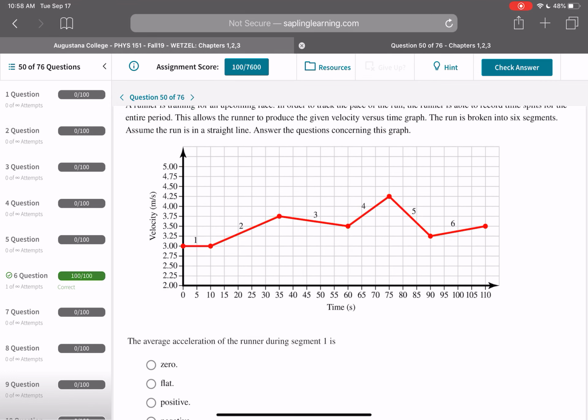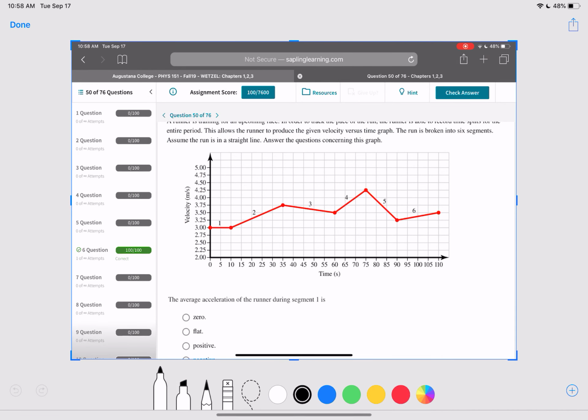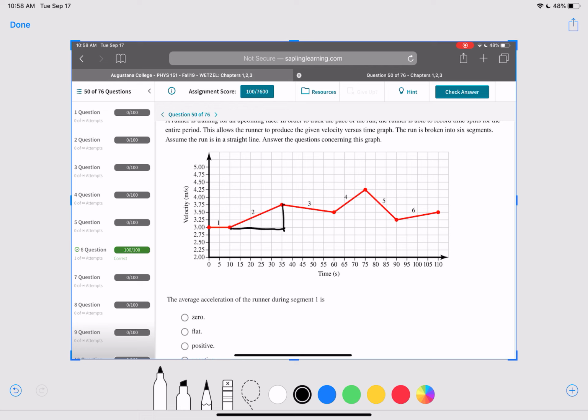Okay, so in segment 2 and segment 6, I don't know if there's more to this problem, it's not letting me scroll down, but in 2 and 6, they both have a positive acceleration, right? They're both speeding up, and what you care about is the slope of that line. So we went up 0.25, 0.5, 0.75, so we went from 3 to 3.75. That was our rise.